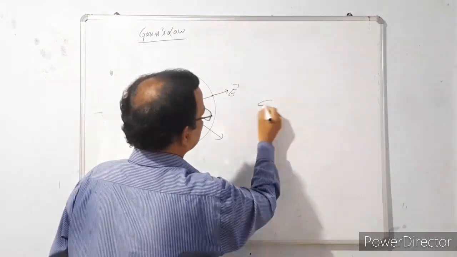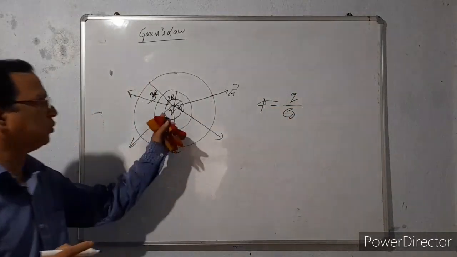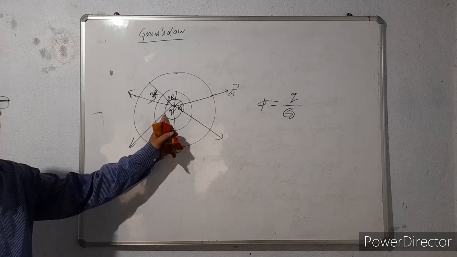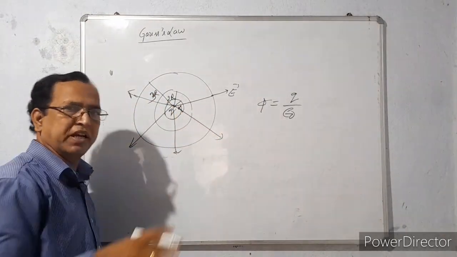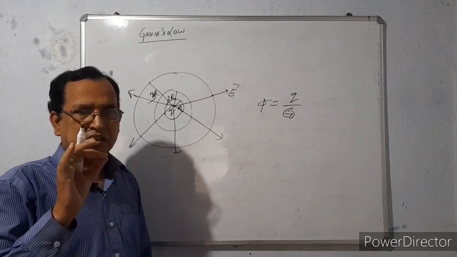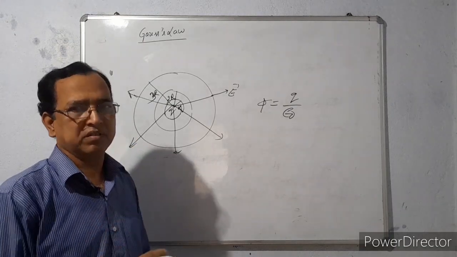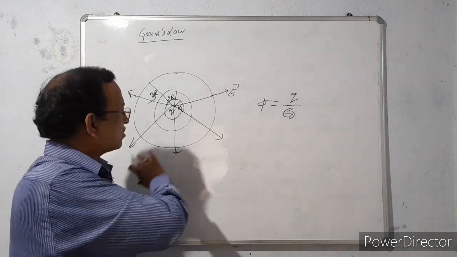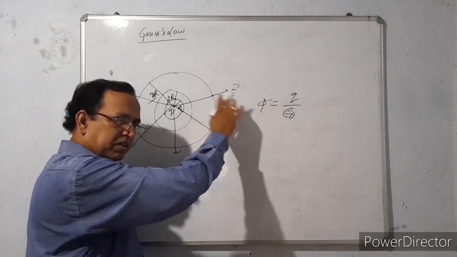So in all cases, phi is equal to q by epsilon naught. Charge is q, which is inside the closed surface. So it does not depend upon the size of the sphere. Size is not a factor in the calculation of the electric flux.